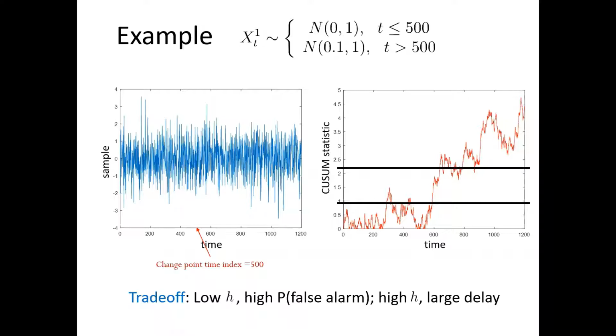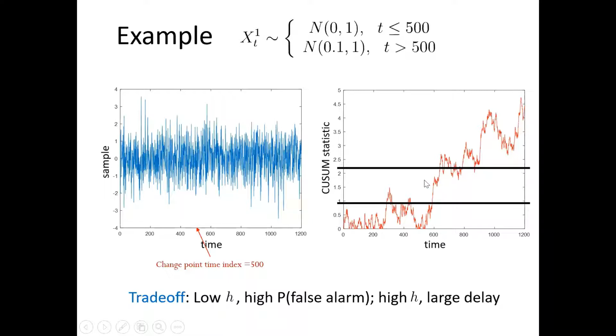But if we plot the CUSUM statistic, you can see that it starts to rise after 500. And these black bars here mean the threshold I set.